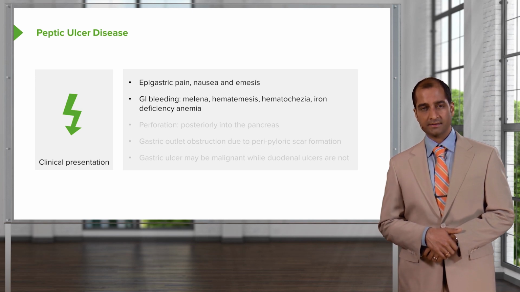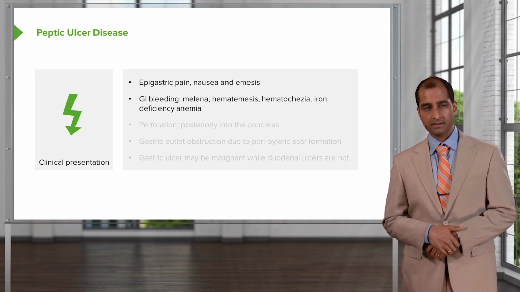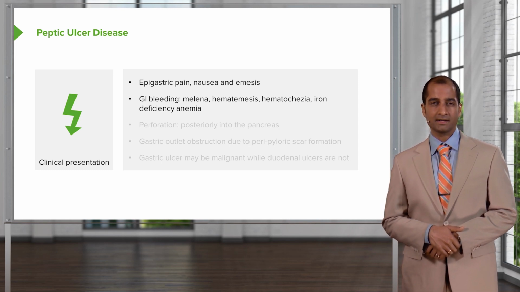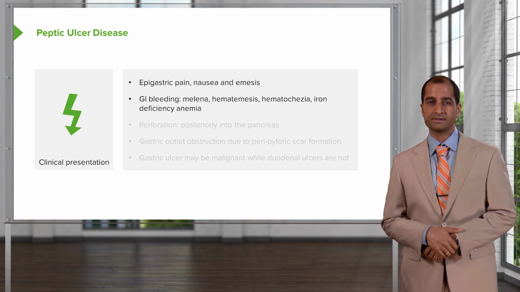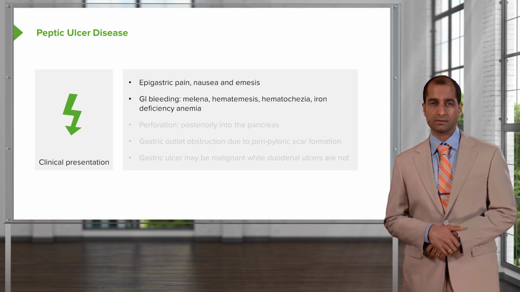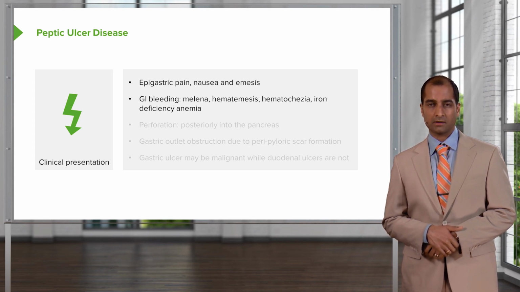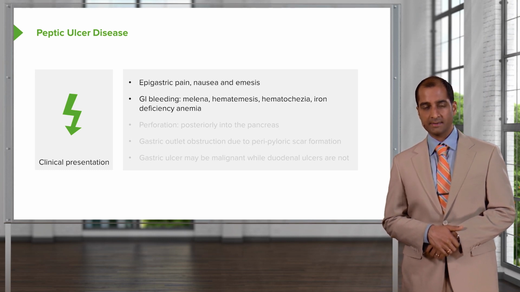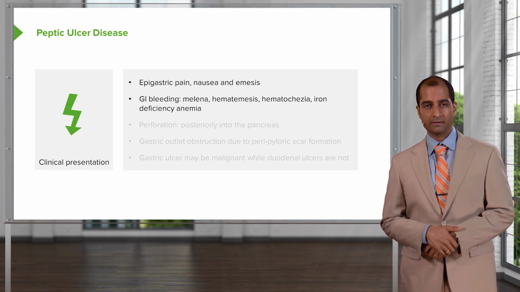With all this blood that's now being released, either from the stomach or perhaps the duodenum, you can only imagine that, as I told you earlier, the stool has an opportunity to completely saturate itself with blood. So therefore, by the time it's evacuated, the stool is going to look black and tarry. Hematemesis, hematochezia, iron deficiency anemia, all of these are part of bleeding.